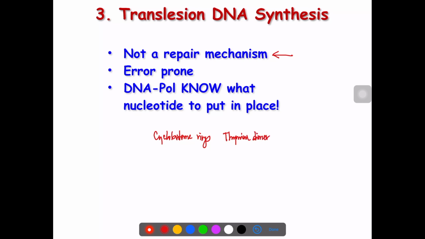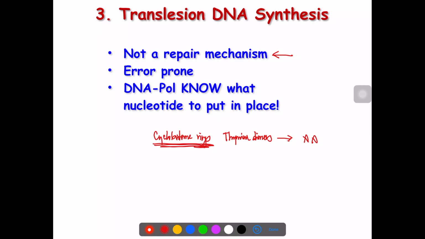So whenever you have thymine dimers, there are specific DNA polymerases that have the ability to recognize that that's a thymine dimer and that the strand that is being formed complementary to that thymine dimer should contain two adenosines. So this enzyme has the ability to put the right nucleotides in the nascent chain that is being synthesized, in spite of the fact that there is a cyclobutane ring in the strand of DNA that is being used as a template.